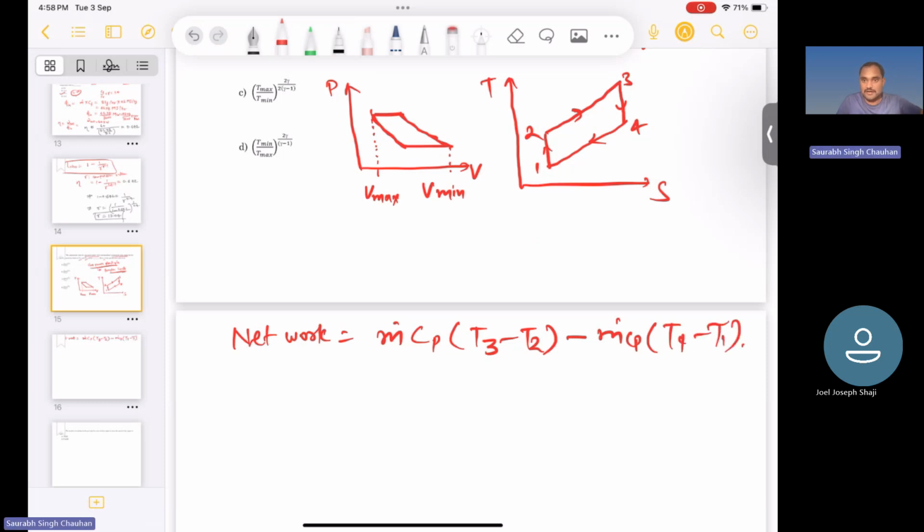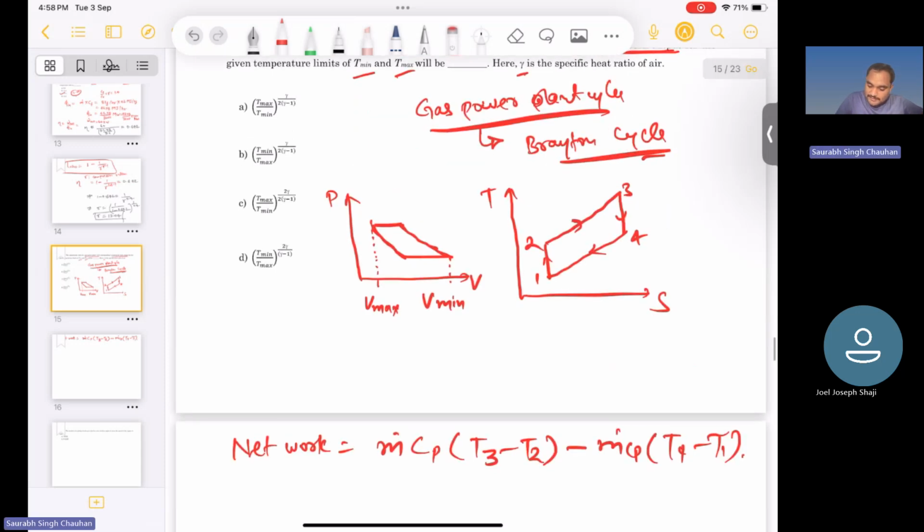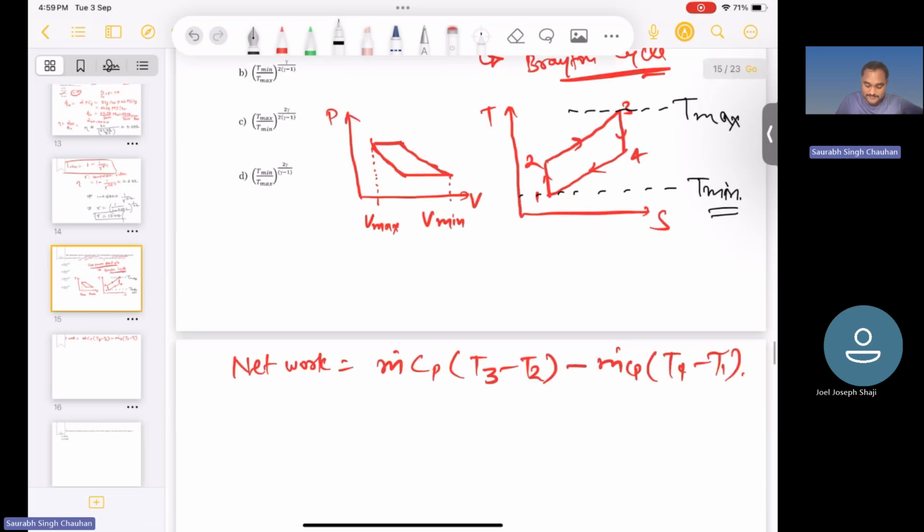Okay, this will be the net work output. And for the maximum net work output, this quantity has to be maximized. Okay. And here the maximum temperature is at point 3. This is T max. And minimum temperature is at point 1. This is T min. So we should try to write all the expressions in terms of T3 and T1, as much as possible.